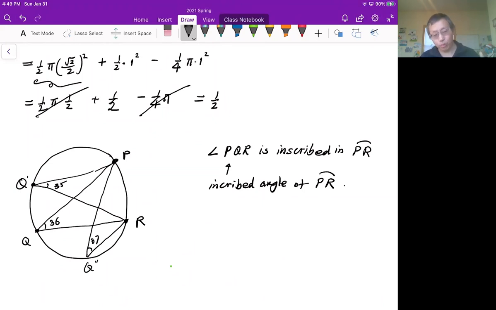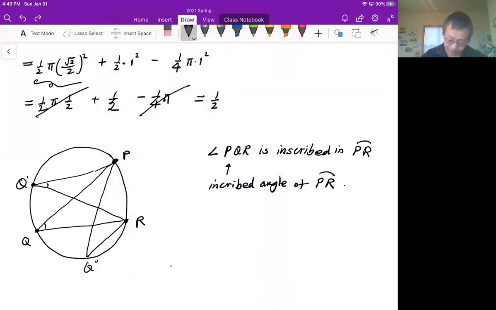If one measure is 35 degrees, any other inscribed angle should have the exact same measure. So 35, 36, 37 does not happen.